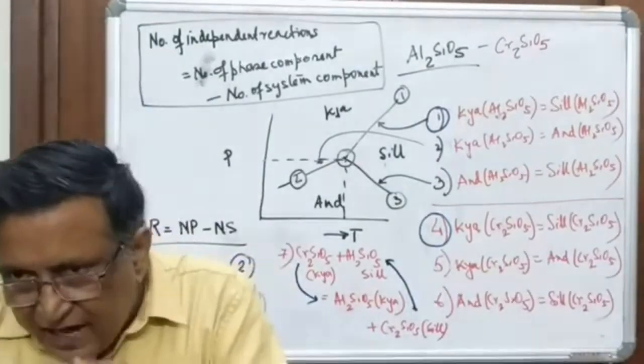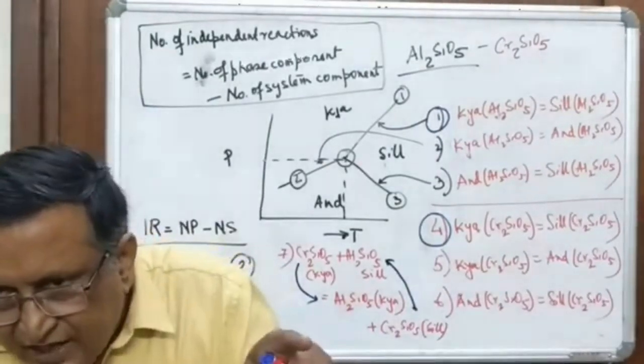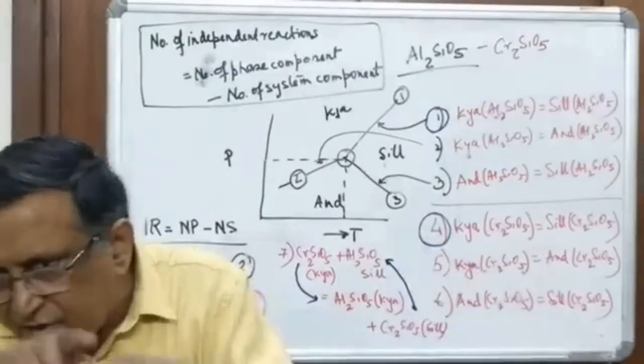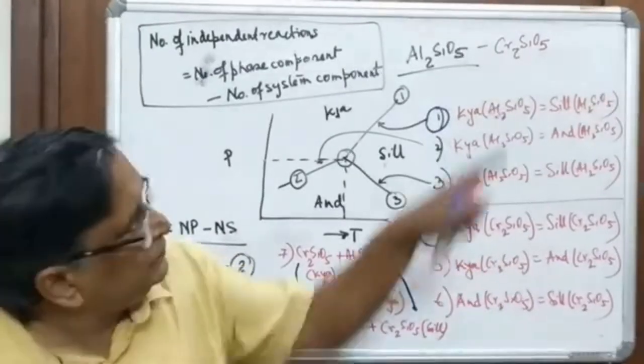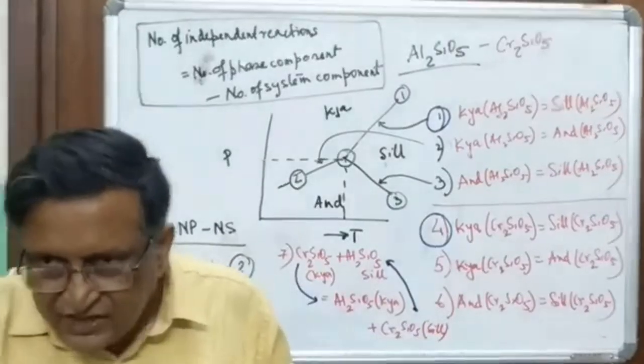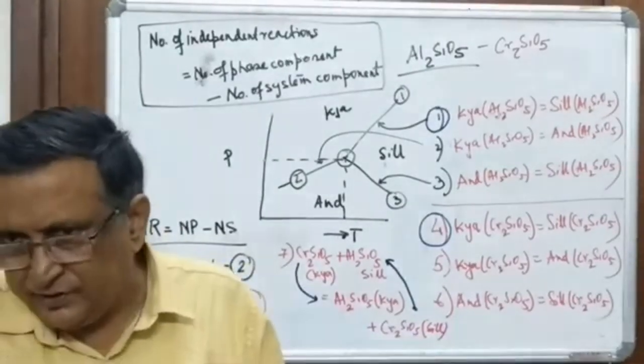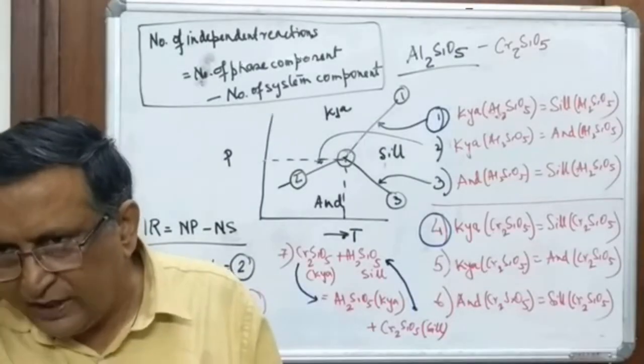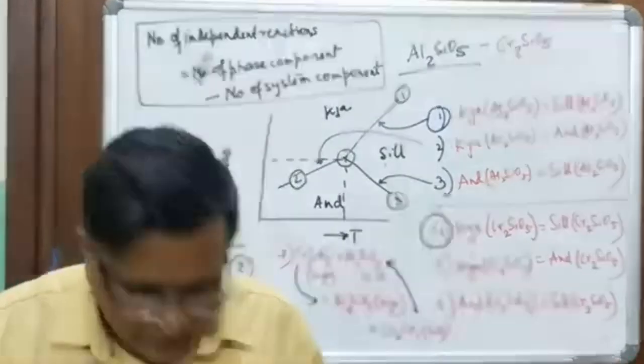For each independent reaction, you will have a thermodynamic equation of state. So you will have an equation in pressure, temperature, composition. G is equal to P, T, x, you will have a composition. And for that, you will be able to find out 4 variables. You cannot find out 5, or you cannot find out 6. You have to have 4 variables.